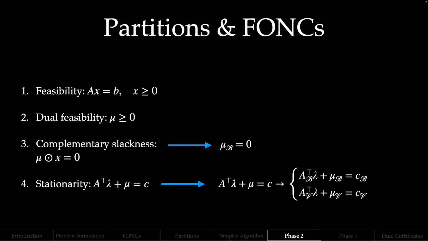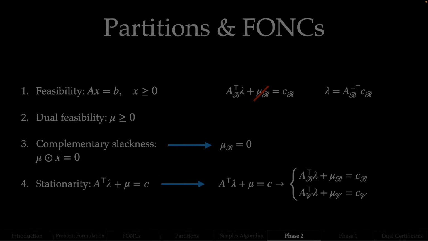Because either mu or x is going to be 0. So what this allows us to do is solve for lambda, okay? Because we know from this equation that mu of our basis is 0, so this allows us to solve for lambda as A basis inverse transpose c basis. So this is good because now it allows us to actually compute our Lagrange multipliers, which will allow us to check the first order necessary conditions given some partition. Okay, so this is good.